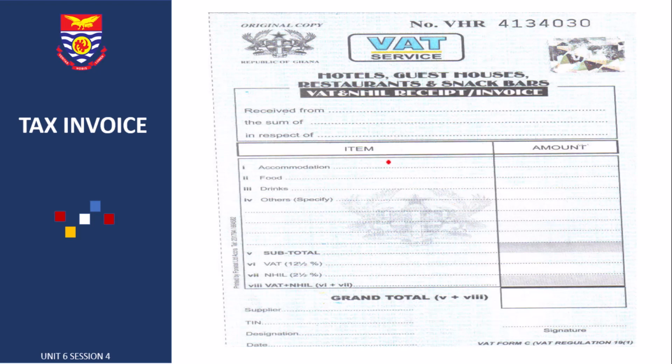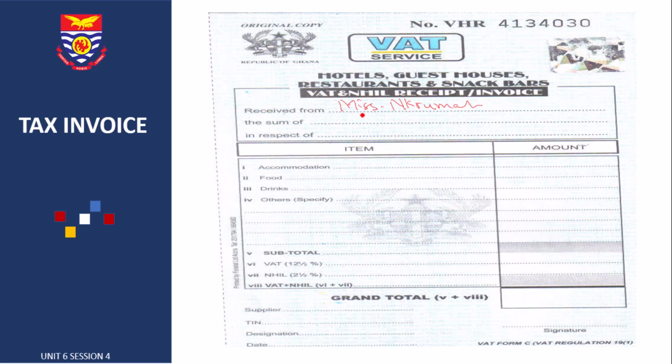So the invoice shows some information. We have the received from, which is the name of the person. So let's say Miss Nkrumah. We also have the sum.